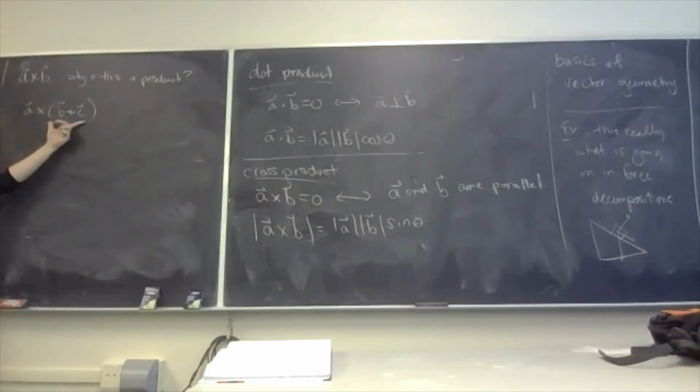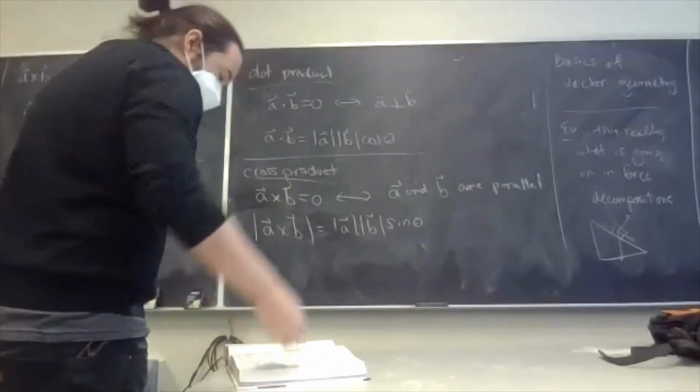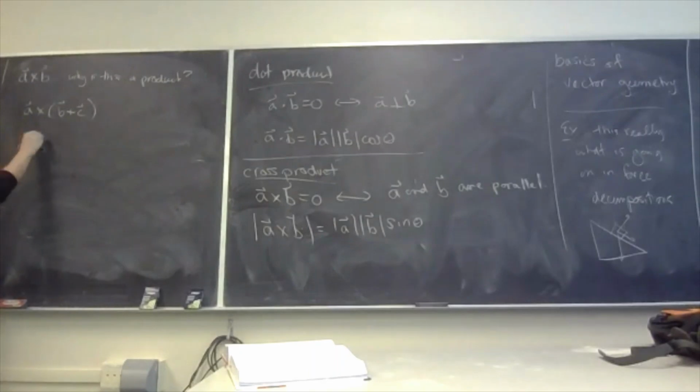The parentheses here make this a distributive property, A times (B plus C). Then it distributes the way that you think it should: A cross B plus A cross C. A goes in and hits this with a cross product, A goes and hits this with a cross product, and then you add the cross products of the two pieces.